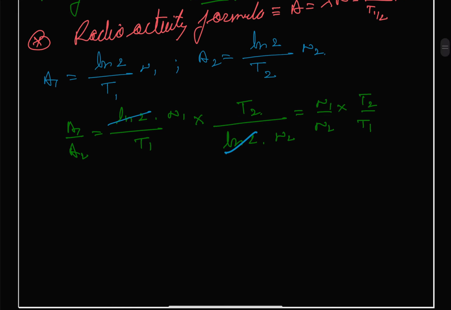Therefore A1 upon A2 will be equal to twice of N2 divided by N2 multiplied by T2 upon T1. And we already know A1 is 5 and A2 is 10.